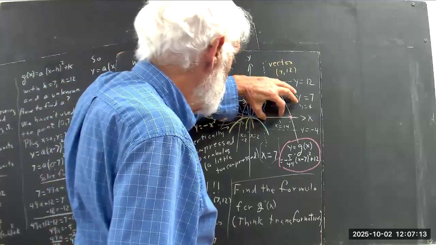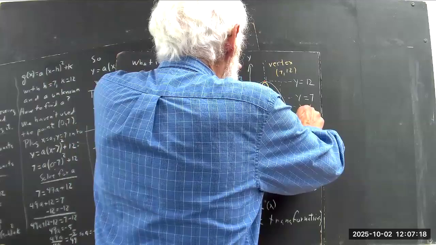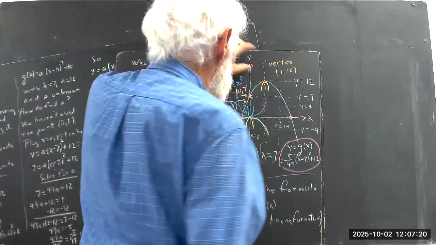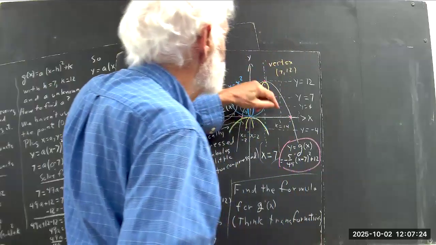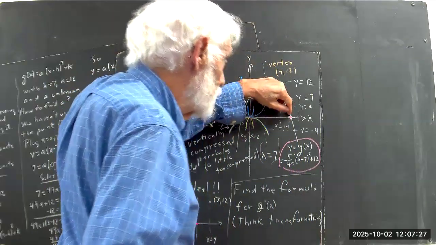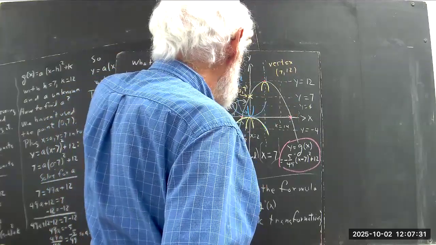So if I do that and then do it again, I'd get a line for x equals 21, way out here. The zero that I marked is between x equals 14 and x equals 21.